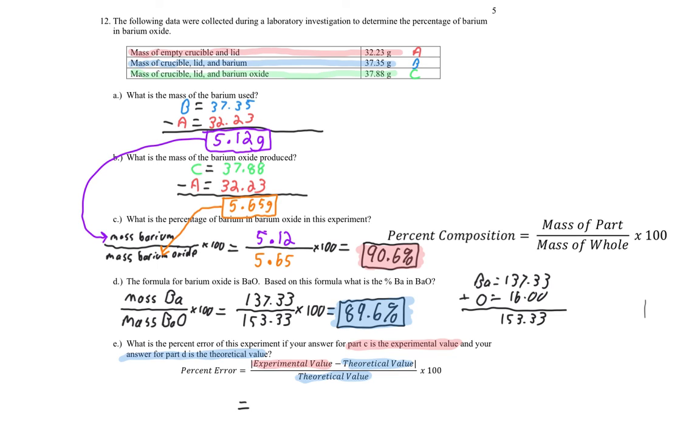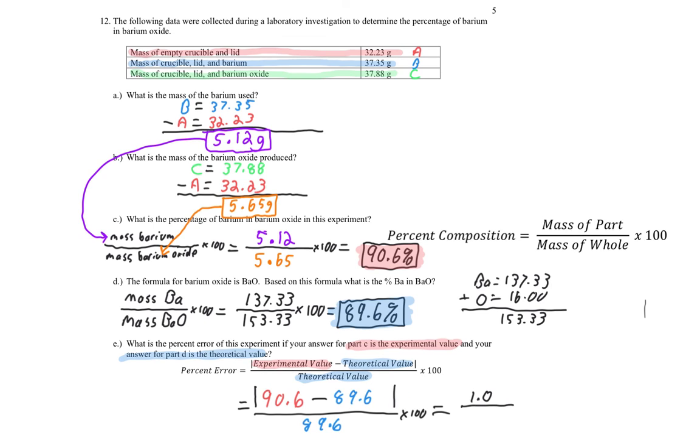So for the top part, I'm taking the absolute value. That just gets rid of negative signs. But I take the absolute value of the experimental value, 90.6, minus the theoretical value, that is 89.6. You've got to subtract those. And then after I subtract those, I'm going to take that answer and divide the whole thing by the 89.6, because that is the theoretical value. That's what I should get if everything went perfect.